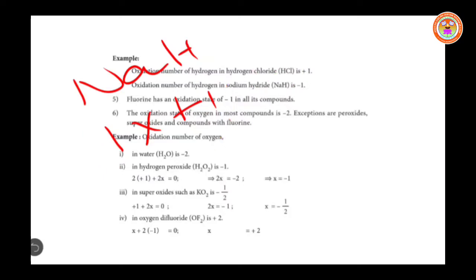Rule number 5, fluorine. Fluorine has an oxidation state of minus 1 in all its compounds.